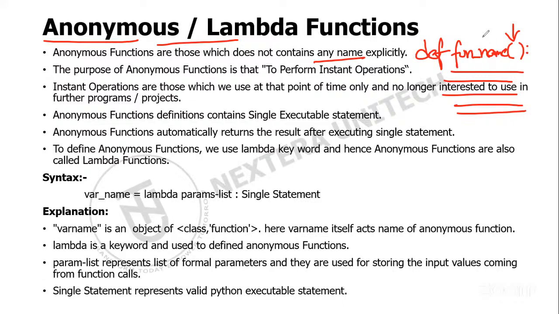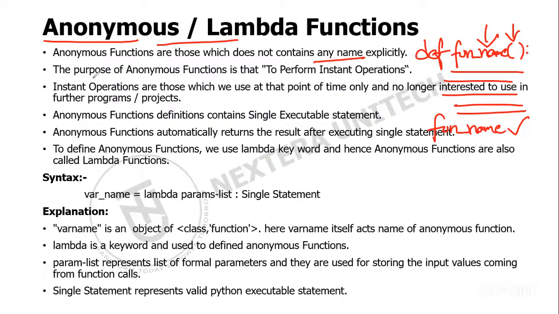So for a normal function, we'll have a function name. Post defining the function, we can also call the function whenever I want to use it. But if you take an anonymous function or a lambda function, it will not have any name. There is no name defined explicitly.